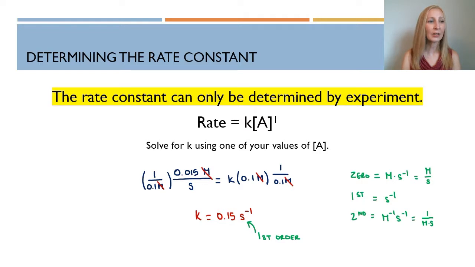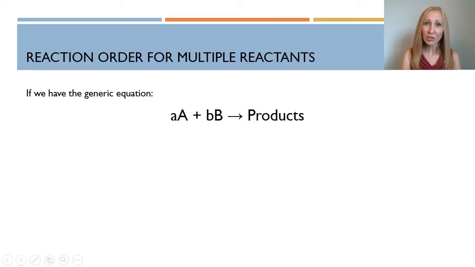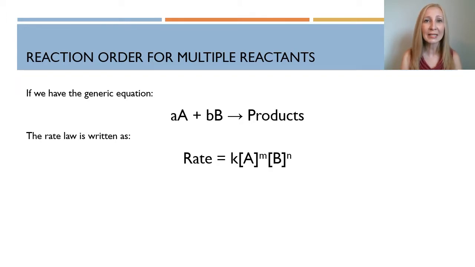Let's take a look at reaction orders when we have more than one reactant. And you'll notice in this generic equation, I don't care what the products are. All I care about are the reactants, what I'm starting with. So if we have a rate or an equation that has A and B, and by the way, the coefficients would be lowercase a and lowercase b, the rate law is written as rate equals K times the concentration of A to the m power, whatever that reaction order is, times the concentration of B to the n power.